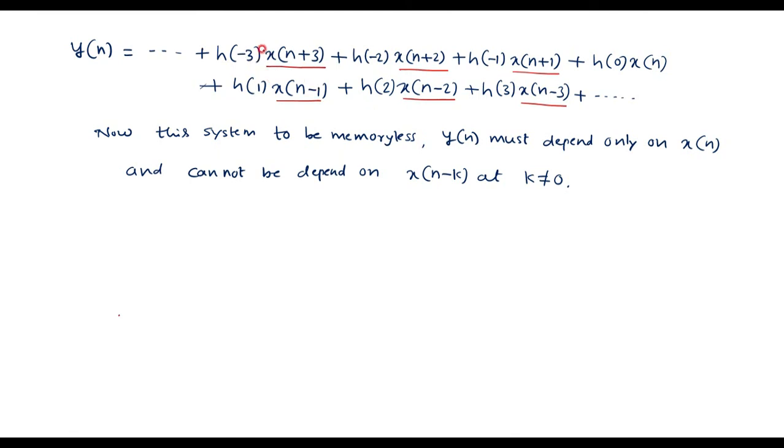It means that all these terms should be 0, so that y of n depends only on this term, that is h of 0 x of n, where x of n is the present value of x of n. Therefore we can say that h of k will be equal to 0 when k is not equal to 0. So this is the condition for a memoryless LTI system.